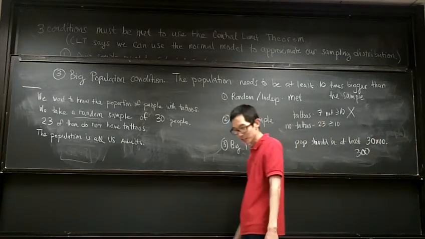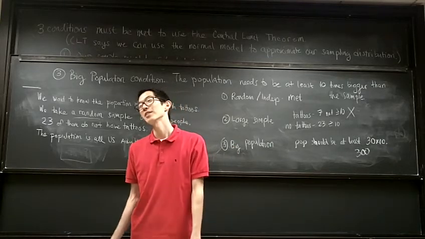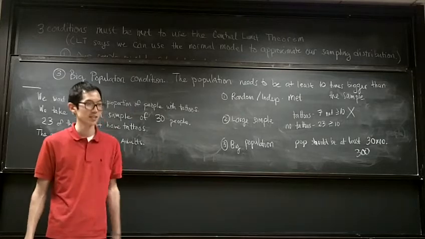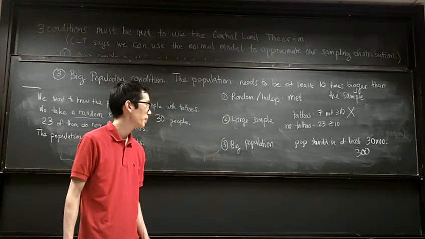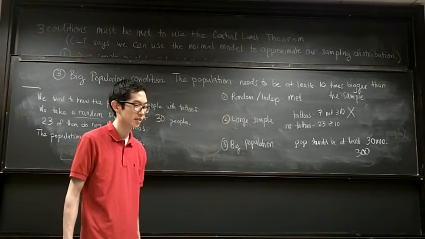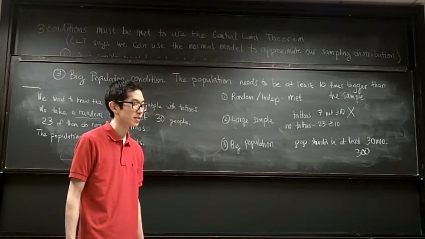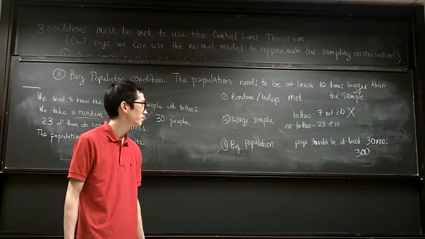US adults. So, are there more than 300 US adults? Yes. If you were to do 23 divided by 30, that's like 76% of people who don't have tattoos, but that has nothing to do with the equation. That's just the percentage for people without tattoos.